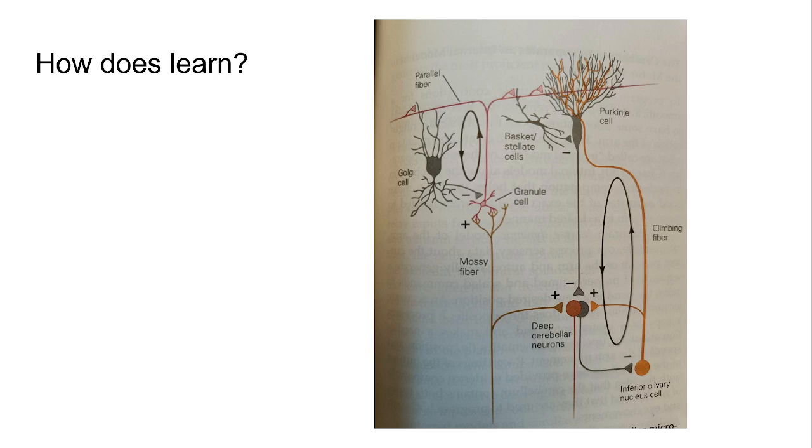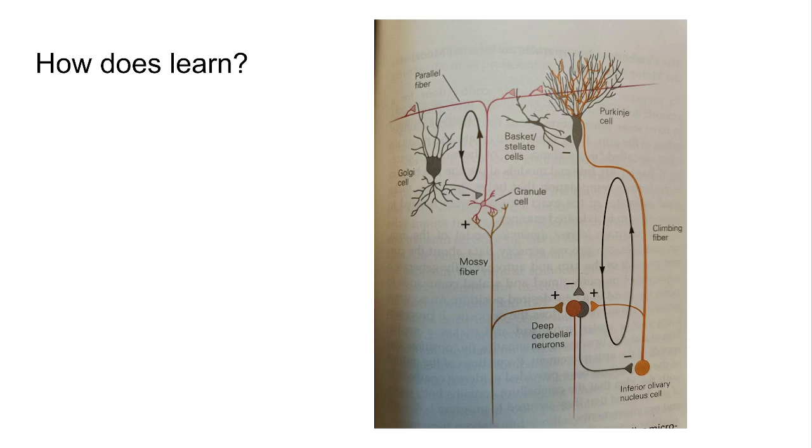And then the climbing fiber, the second type of sensory information. So it looks different, right? It twists like a vine around the dendrites of the Purkinje cell.